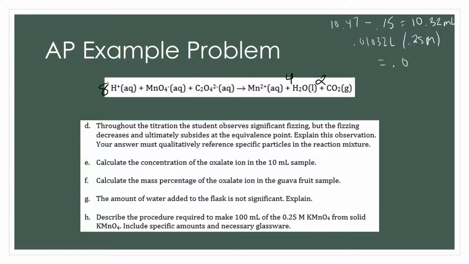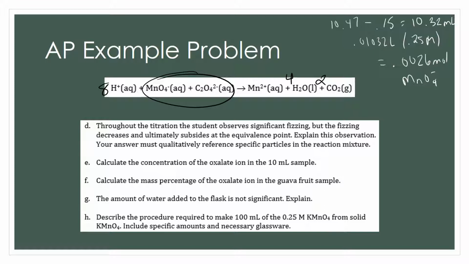I have 0.0026 moles of the MnO4 minus solution. I know, based off of my balanced equation, that is in a 1-to-1 ratio with my oxalate ion.